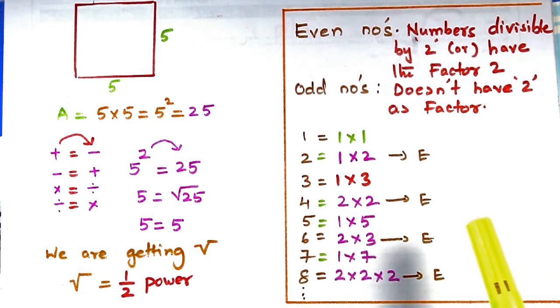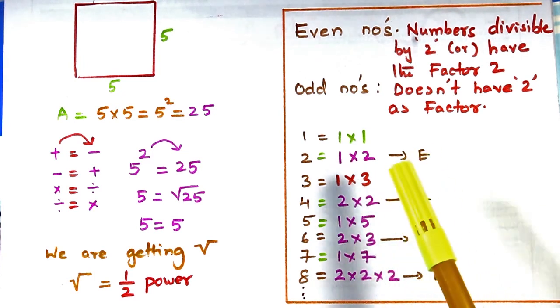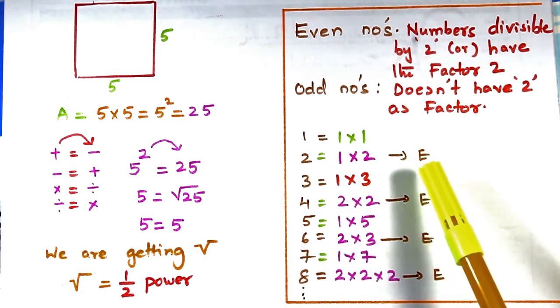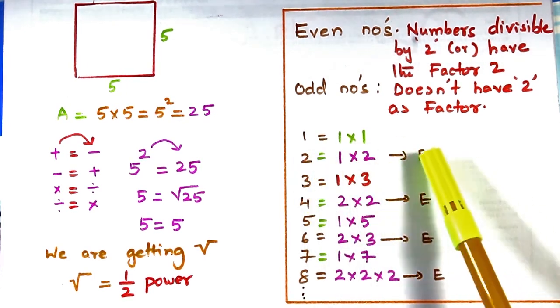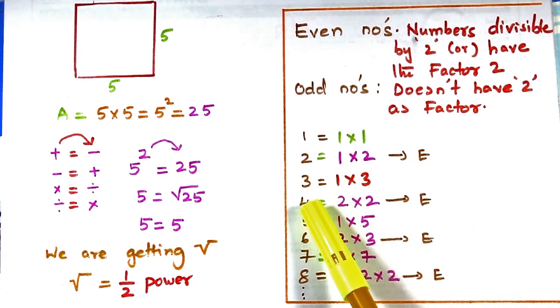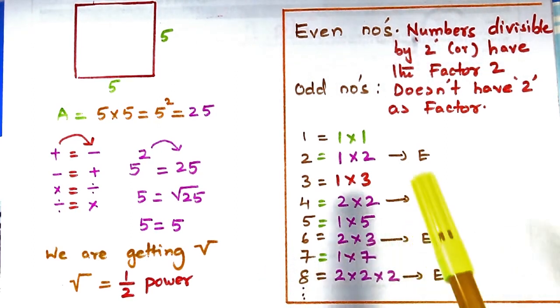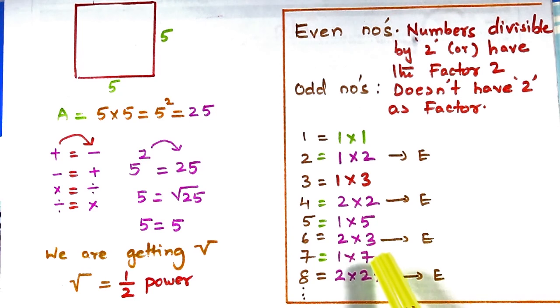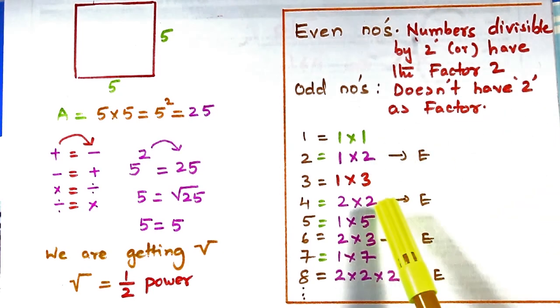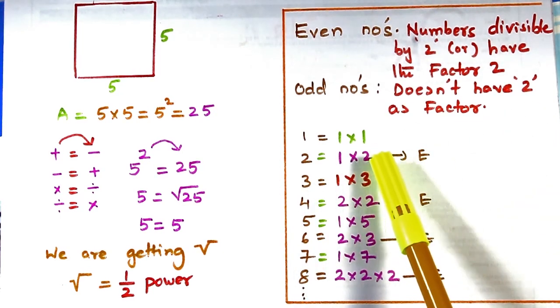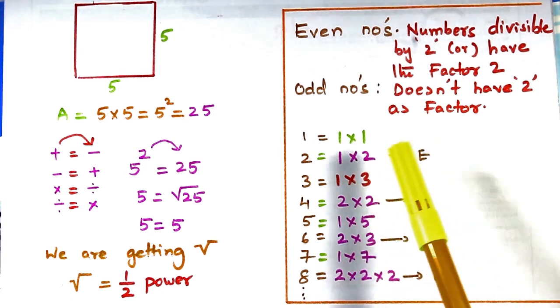Alright, so as you can see, we are getting alternate even numbers. This number is even, then this number is even, then 6 is even, then 8 is even. The rest of the numbers which are not even, we consider as odd numbers because they don't have the factor 2. They don't have the 2 in their prime factorization.